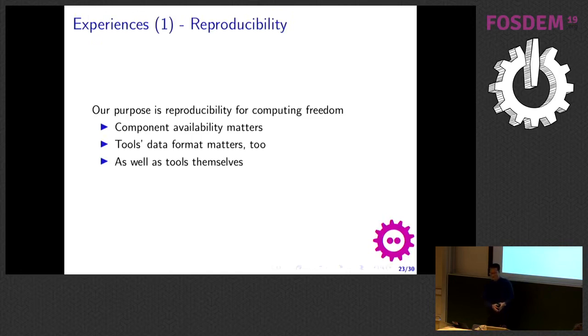We have a component availability problem, like the LDO is discontinued. So then I have to update my design, or tools data format matters too, as I explained, as I encountered 2 times. And toolchain also matters, like the Gnuk toolchain, it is very important for reproducibility.